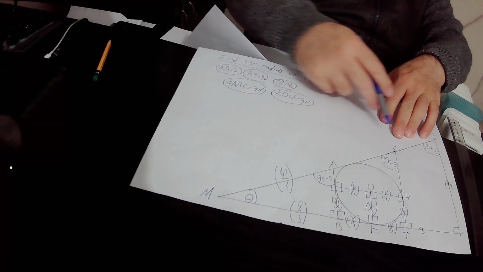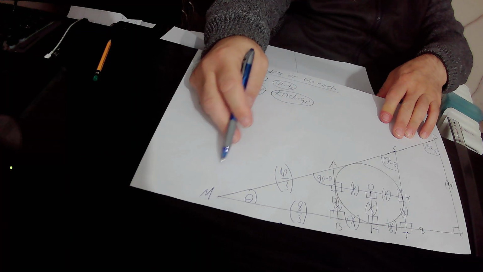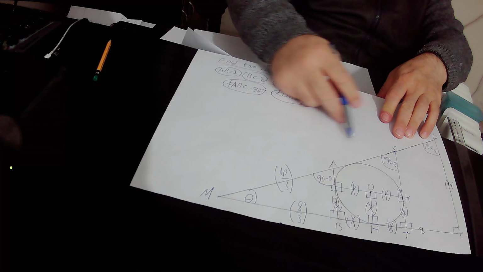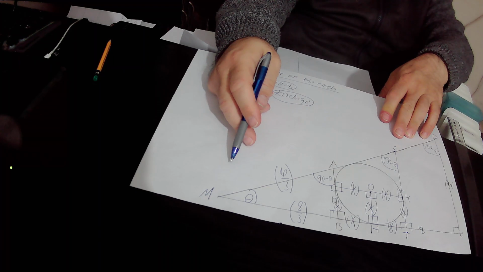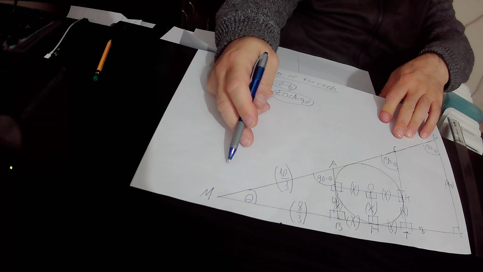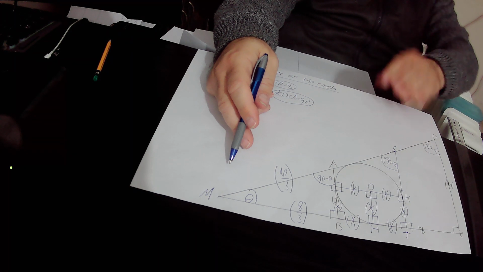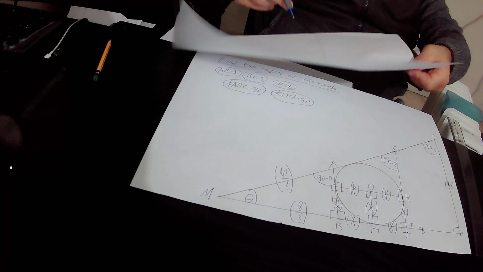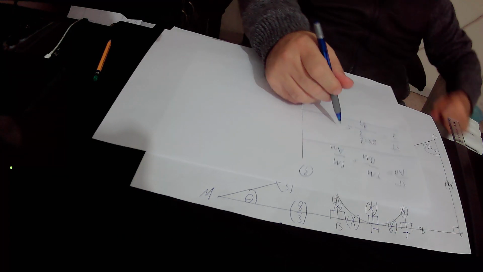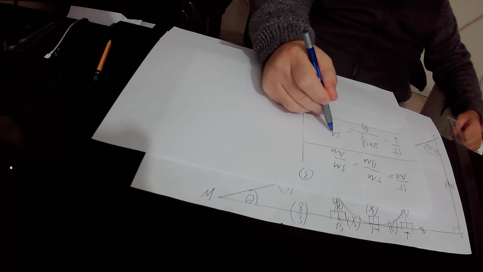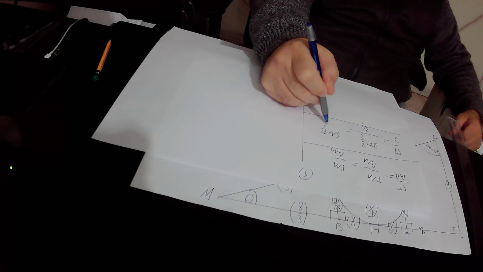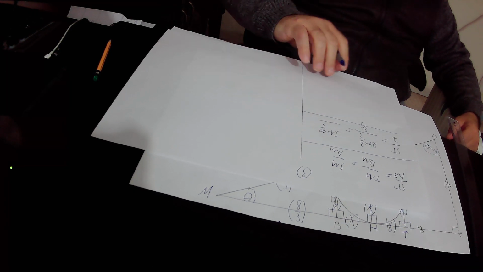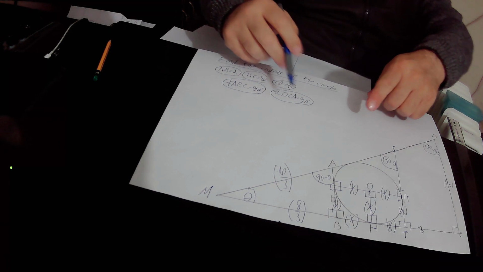SM in total equals SA plus AM. That is to say, SM equals SA plus AM, that is 10 over 3. So in total, SM equals SA plus 10 over 3. So we substitute SM by SA plus 10 over 3, divided by AM.